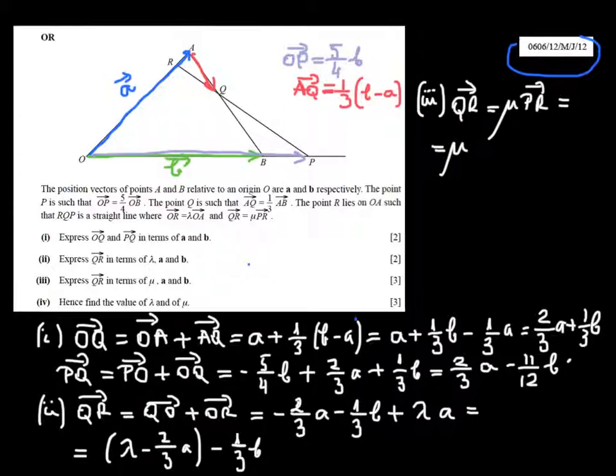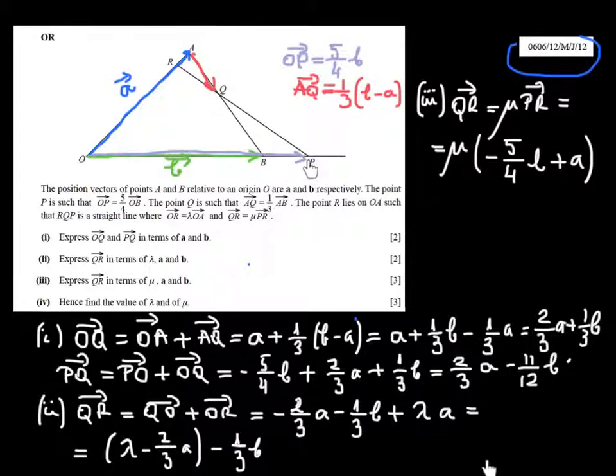And now, how do I get from P to R? Some of you wrote by mistake that I should continue with negative 5/4 B plus A. And why is it wrong?